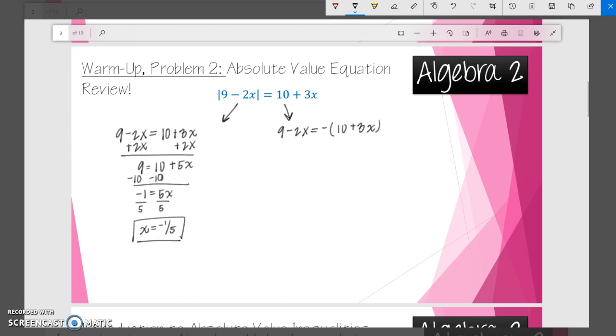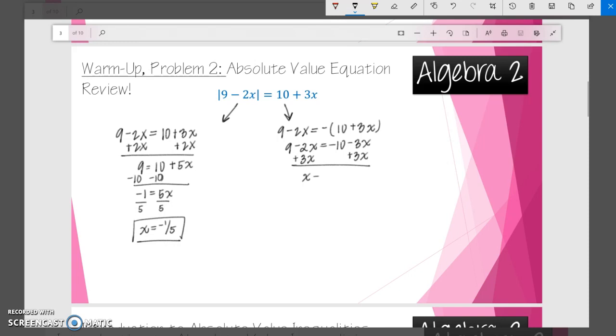I'm going to come and do the same thing over on the right, so I need to make sure that I distribute that negative, and that's going to give me negative 10 minus 3x. So then again, I want to start combining like terms. I'm going to go ahead and add this 3x over here. So I'll have negative 2x plus 3x. That's going to give me positive x.